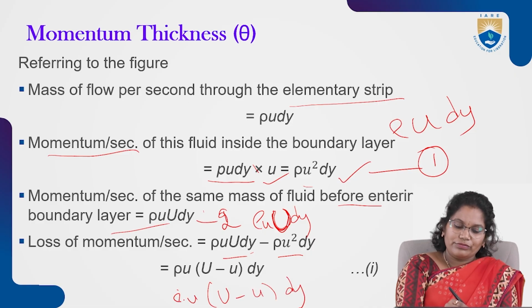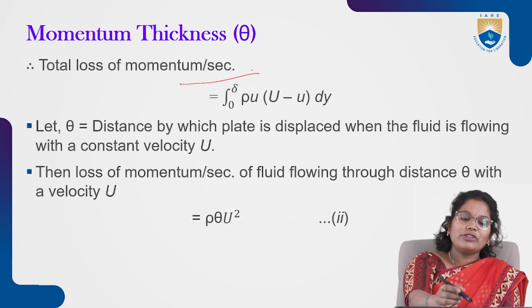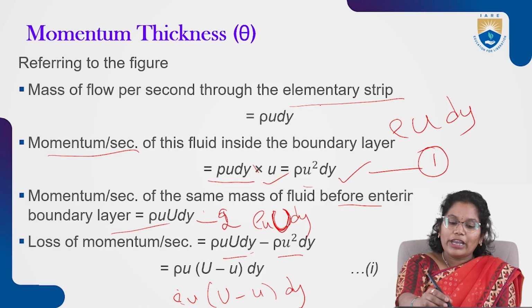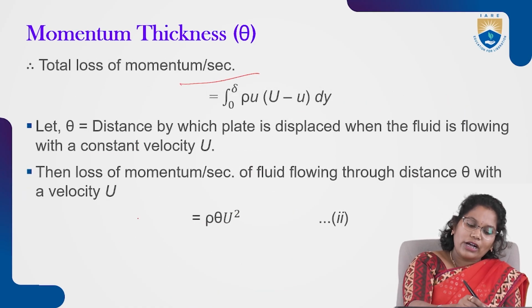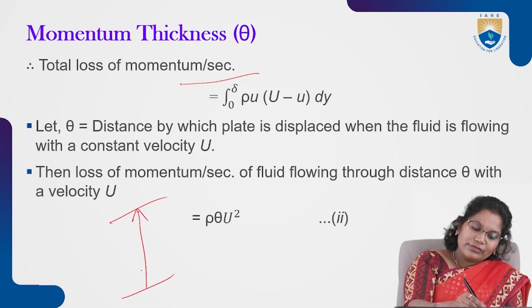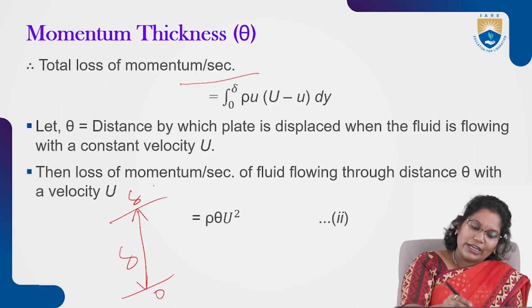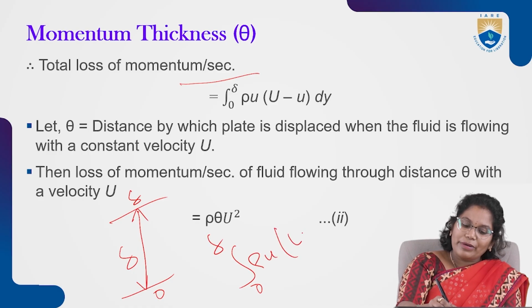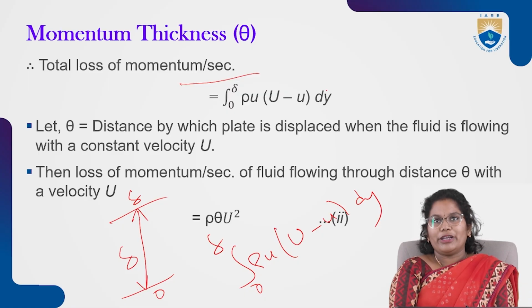This is the loss on an elementary strip. Now I need the total loss, so the total loss of momentum is the integral from 0 to delta of rho u into capital U minus small u into dy.